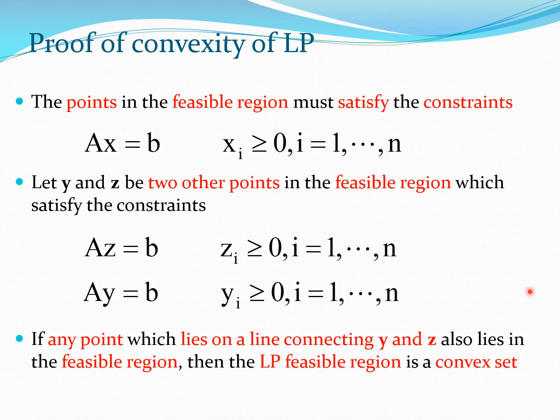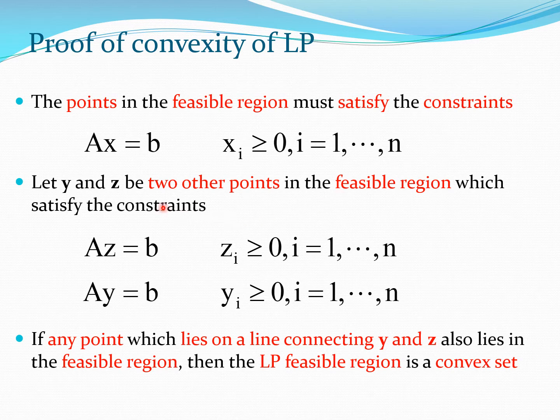Now we are going to prove this using some very simple mathematics. So let's start with the fact that the points in the feasible region must satisfy the constraints Ax equal to b and x_i greater than or equal to 0 for i is 1 to n. So essentially this particular set of equations or conditions creates the feasible region for the LP problem.